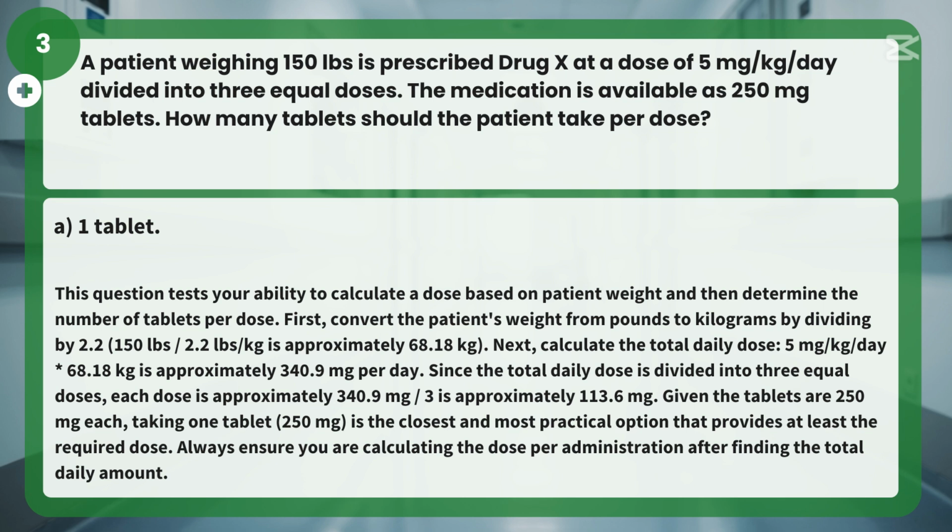Since the total daily dose is divided into 3 equal doses, each dose is approximately 340.9 mg / 3, approximately 113.6 mg. Given the tablets are 250 mg each, taking 1 tablet, 250 mg, is the closest and most practical option that provides at least the required dose. Always ensure you are calculating the dose per administration after finding the total daily amount.